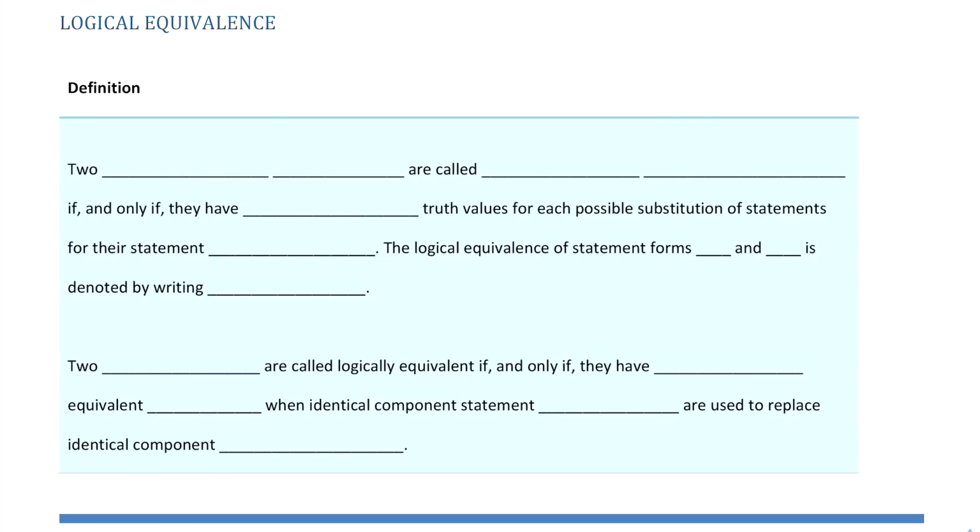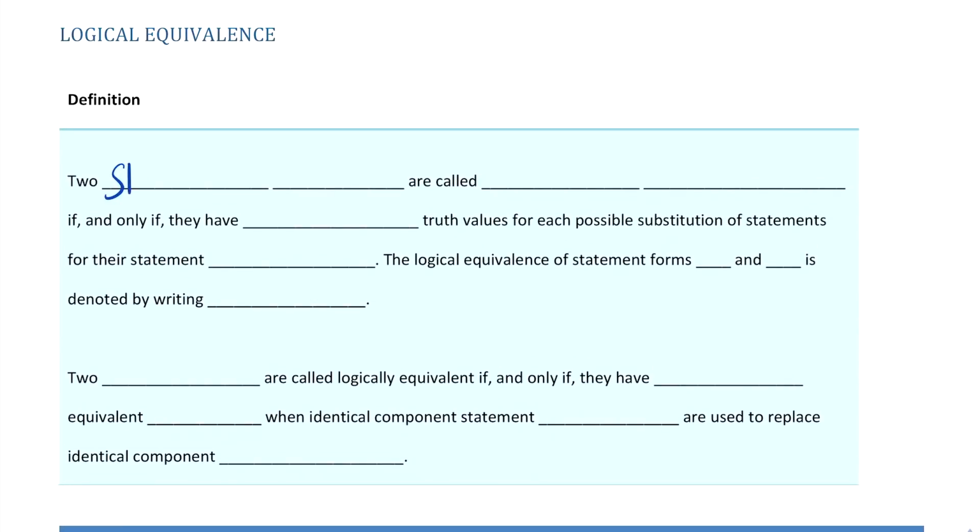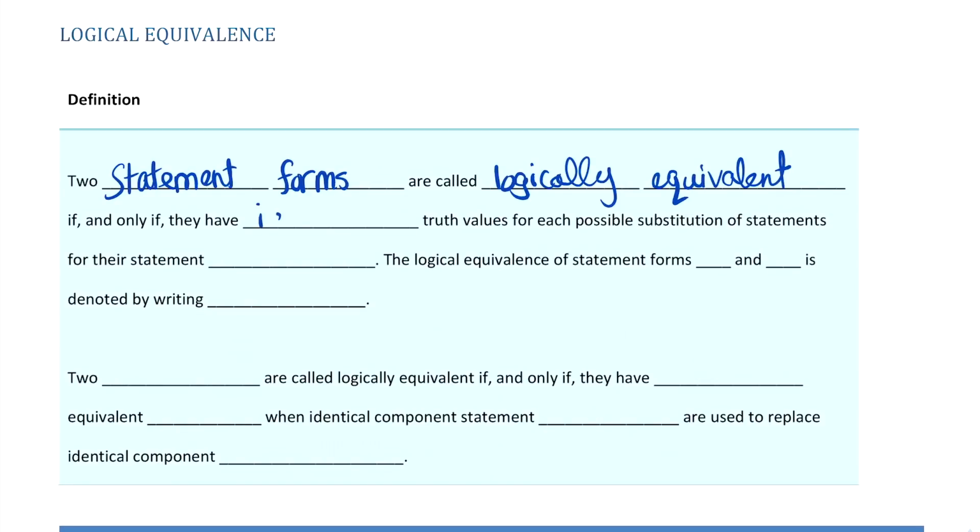All right, so two statement forms are called logically equivalent if and only if they have identical truth values for each possible substitution of statements for their statement variables.